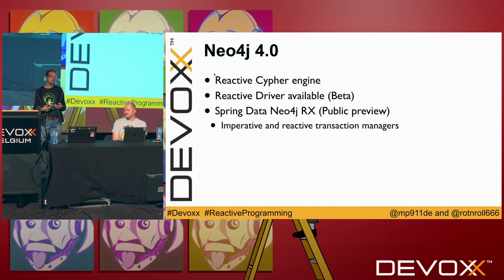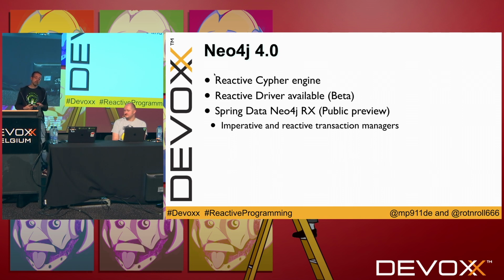It knows how to answer a request for a given number of nodes or records. And also part of that are drivers that work with back pressure as you expected. I don't know if he already said that reactive programming is not only about making things faster or more performant. It's about making things more resource efficient, and back pressure is a big deal about that, and we want to get this right.